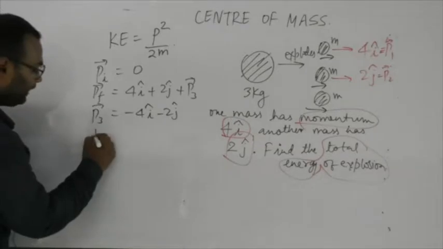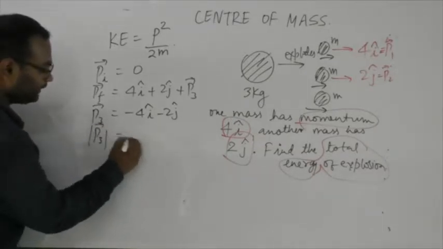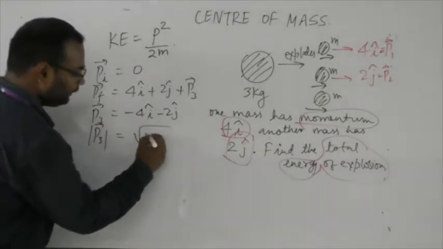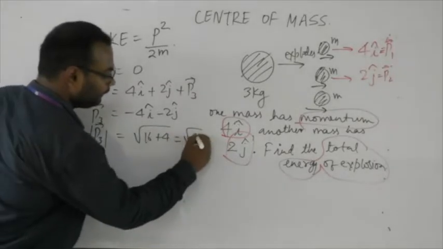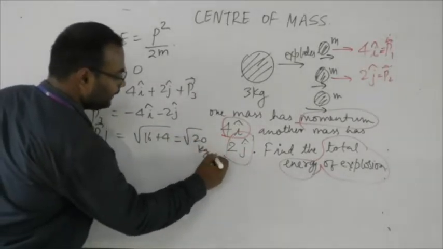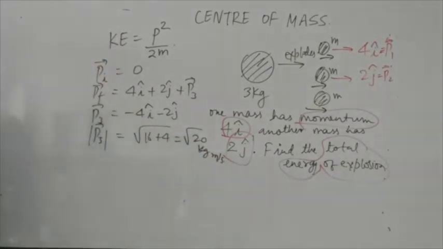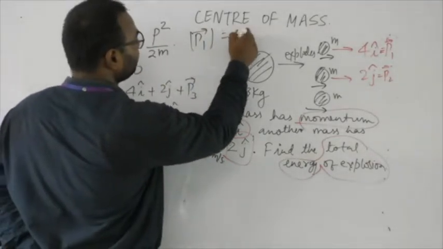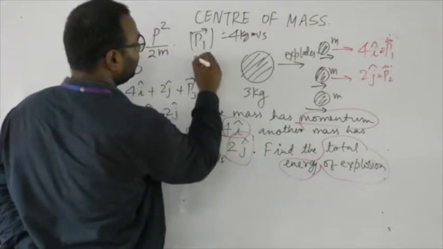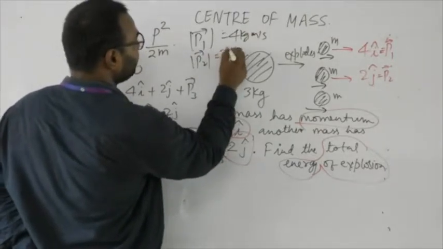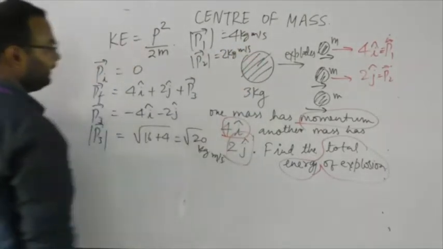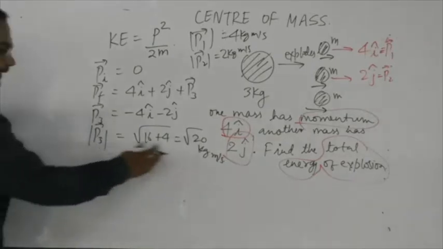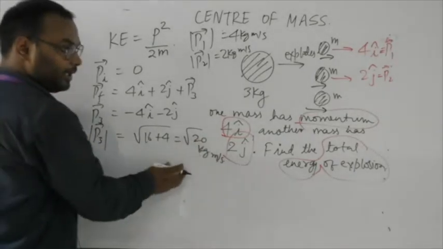That means the magnitude of P3 will be root of 16 plus 4, that is root of 20 kg meter per second. And P1 modulus is 4 kg meter per second, and P2 modulus is 2 kg meter per second.